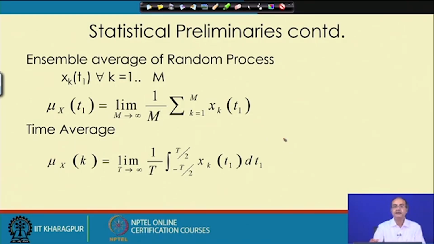Now, these two may be the same, may not be the same, both can occur. If both averages give the same output, we call that an ergodic process. That is a special property, and in all cases we cannot guarantee that the signal would be ergodic.